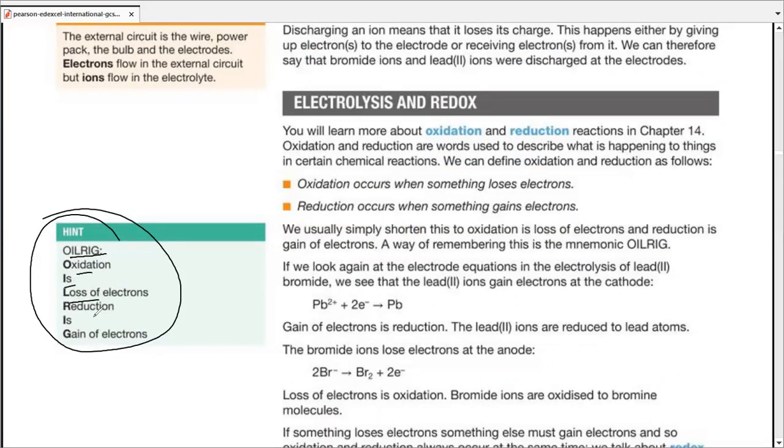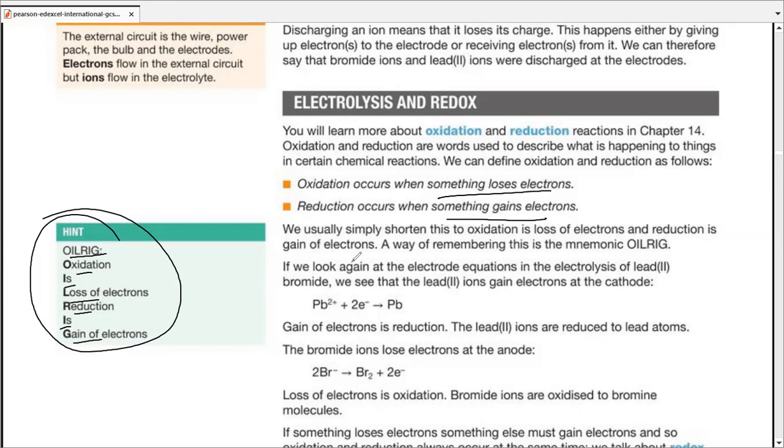Oxidation is loss of electrons and reduction is gain of electrons. This term is commonly used to help students remember what oxidation or reduction reactions are. All right, as defined over here, oxidation and reduction.